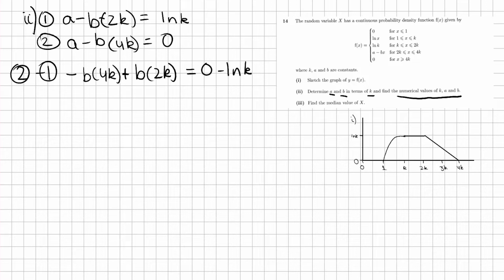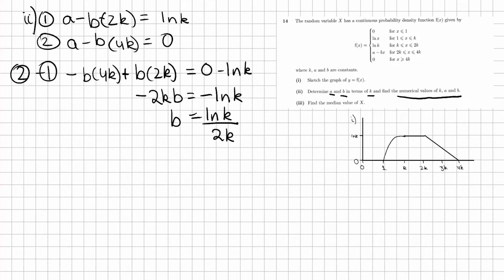So here we have negative 2k lots of b equals negative natural log of k, and we can just divide through to get b equals the natural log of k over 2k.